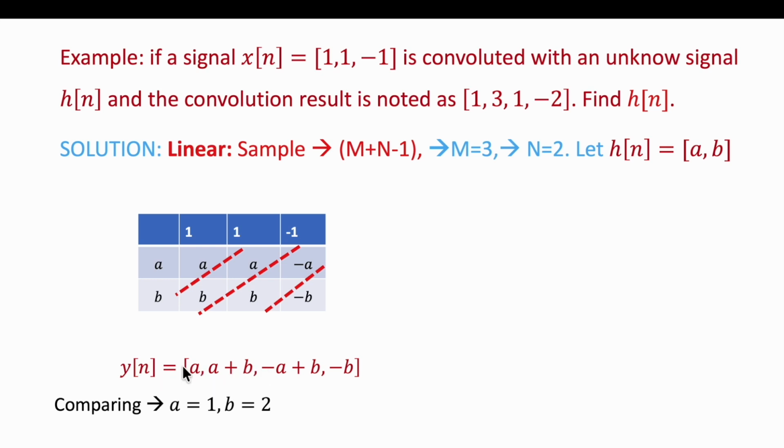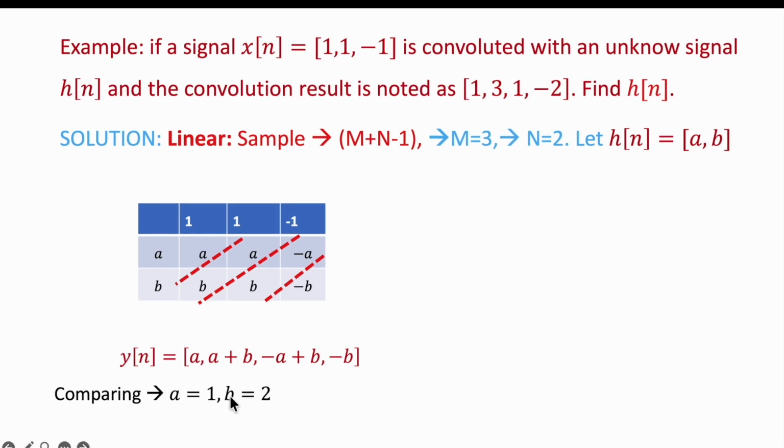Then you can compare this y of n with the given resultant signal. If you compare, the first sample here is 1, but the first sample of y of n is a, so the value of a is equal to 1. The last sample here is minus b, but the last sample of the given signal is minus 2.